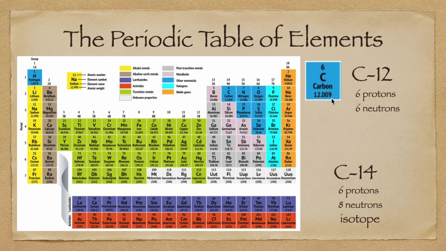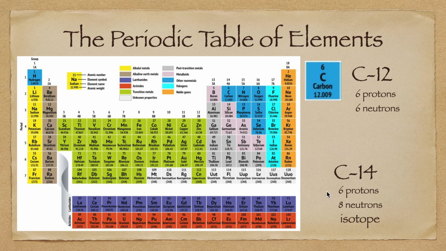So carbon-12 is regular carbon, 6 protons, 6 neutrons, perfectly balanced. But there's also carbon-14 or C14, still has 6 protons, but there's 8 neutrons. That's not balanced. 6 plus 8 equals 14. So it's not balanced, has a different number of neutrons than protons.